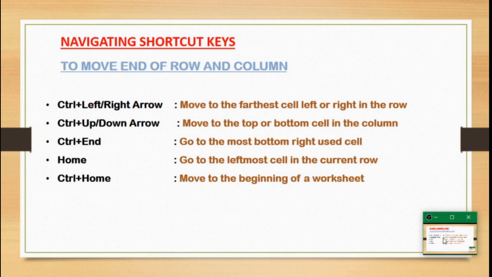The same way, if I want to go to the top of a column, I will click Control plus up, and to go to the bottom, I will click Control plus down arrow. If I want to go to the bottom rightmost corner of a table, I will click Control plus End. If I want to come to the start of the current row, I will press the Home button. If I want to go to the beginning of a worksheet, I will click Control plus Home.